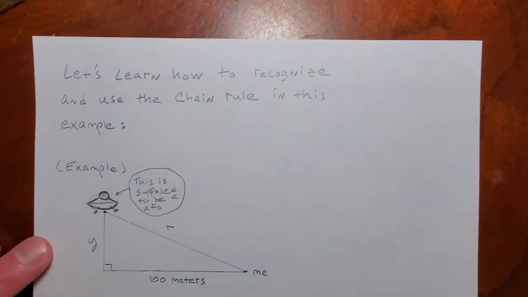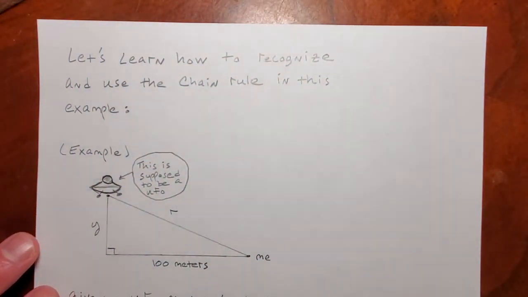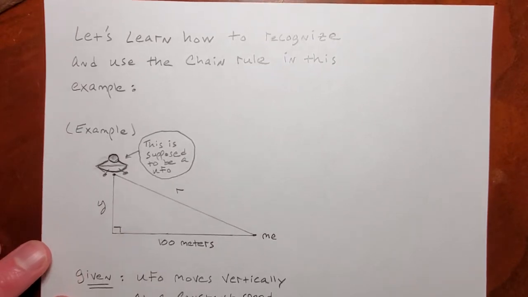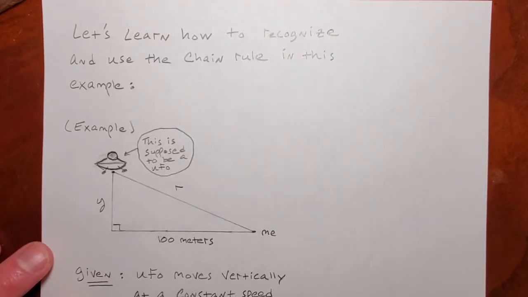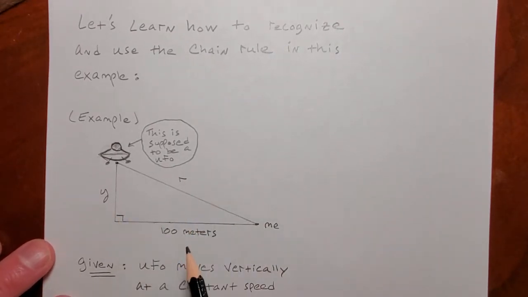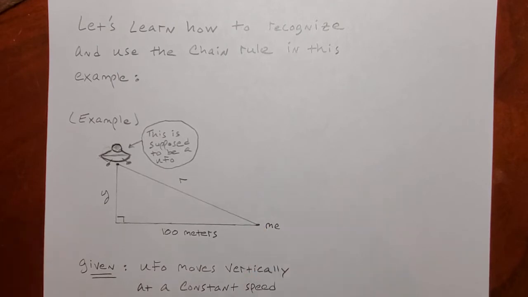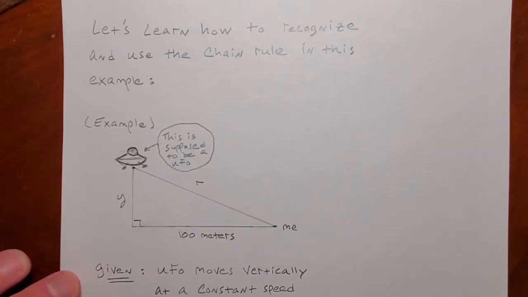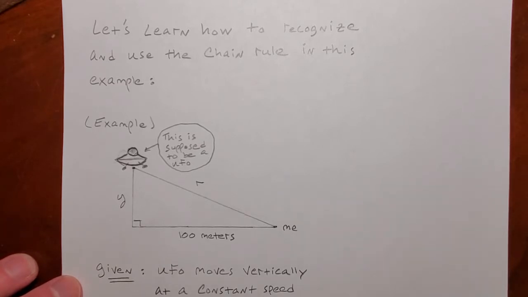So let's look at an example, and I would like you to see if you understand that the chain rule is applicable to this. Here's the scenario, and this is contrived, but I want something for my lesson here. So even if you think it's kind of silly, it does get the point across.